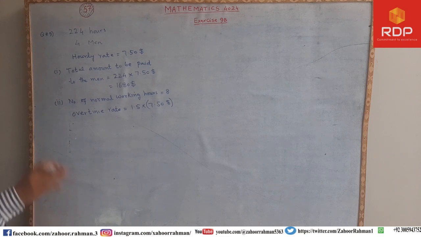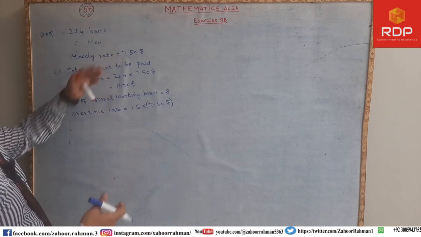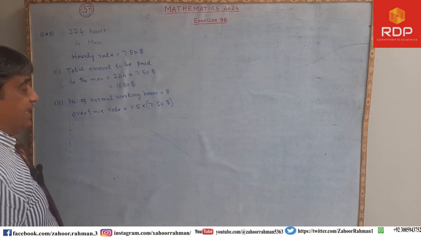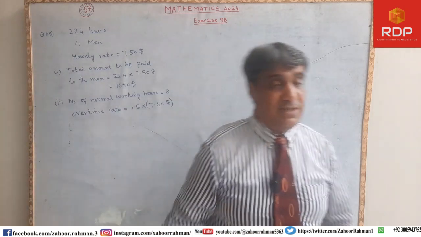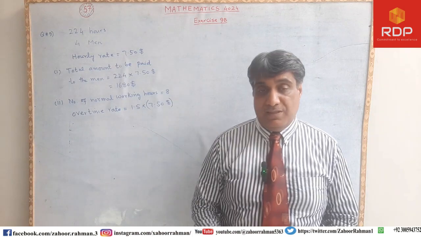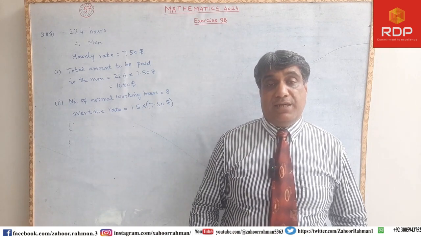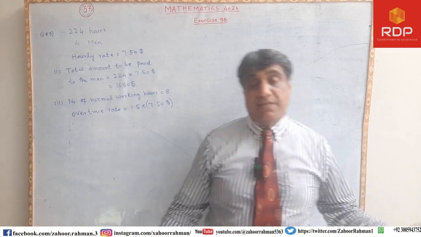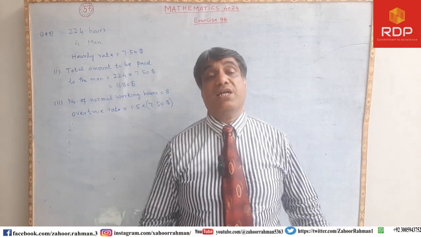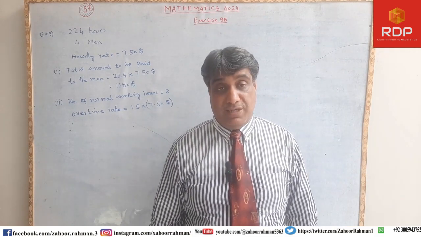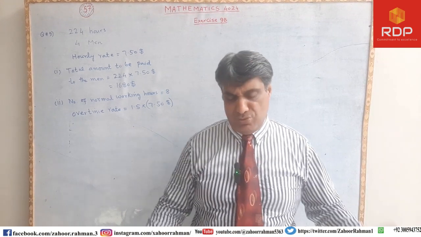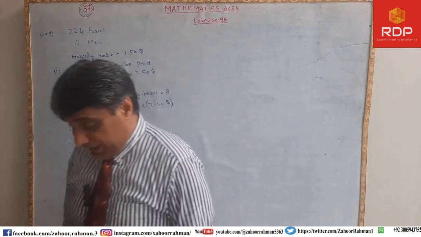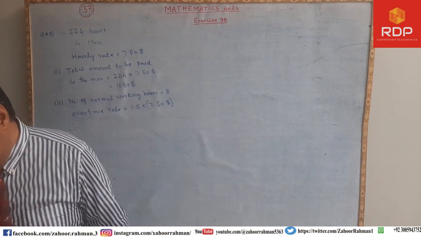Overtime rate will not be given as the normal working hour rate. Sometimes they are given a double rate, but here it is 1.5. Few people give it at a double rate. If the normal working hour is $10, then overtime might be $19. This is the rule, an international rule. Okay, keep this in mind.